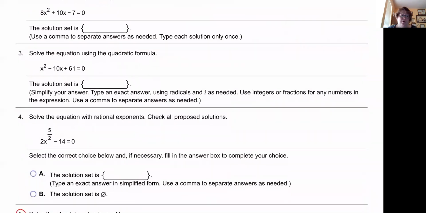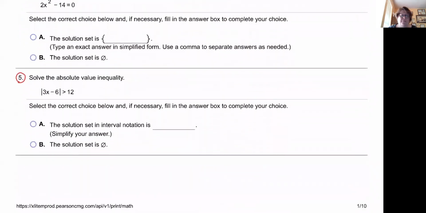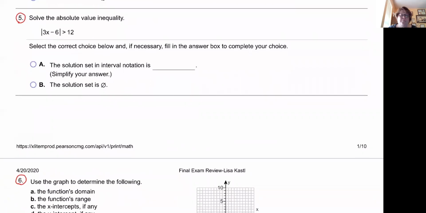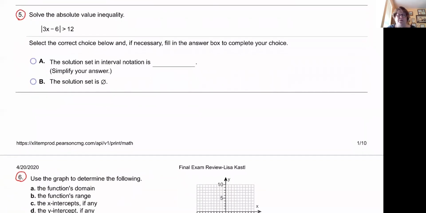The next problem we're going to do is number 5. Solve the absolute value inequality. This is a greater than type absolute value inequality.